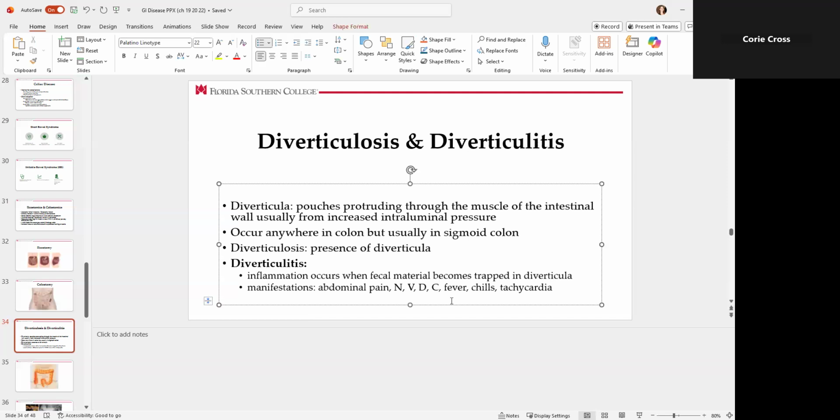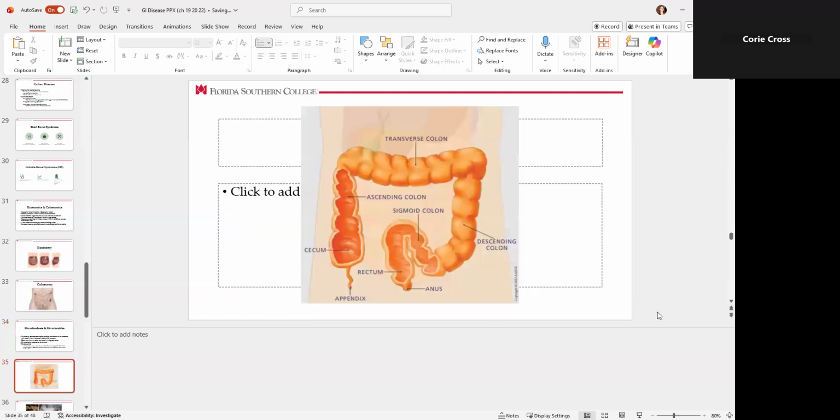And I'm just going to fix this real quick because I would assume you all know what it means, but I like to make sure. Okay. And then remember, this is just a picture of the colon to remind you where the sigmoid colon is, which is where diverticula are typically found.